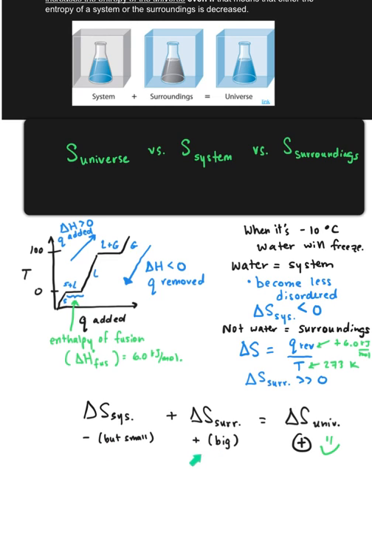And this number can no longer outweigh this one, so that the entropy change of the universe would no longer be positive at temperatures higher than 273. Starting at 273 K, 0 degrees Celsius, water can freeze because at that point we reach a tipping point where the entropy of the surroundings outweighs the entropy of our system.